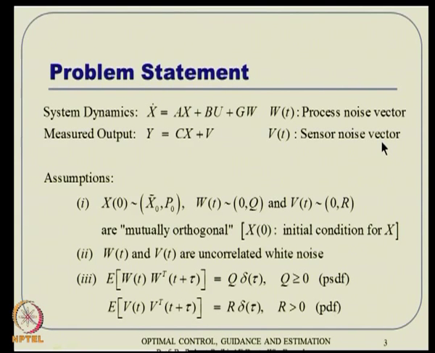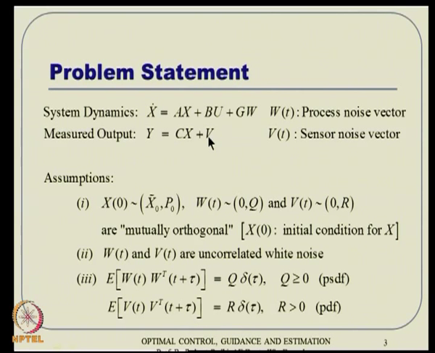There are a bunch of assumptions which will make our life much easier later. Anytime you have linear system dynamics, and remember this is a time invariant system, that means A, B, C, G are all constant matrices actually.